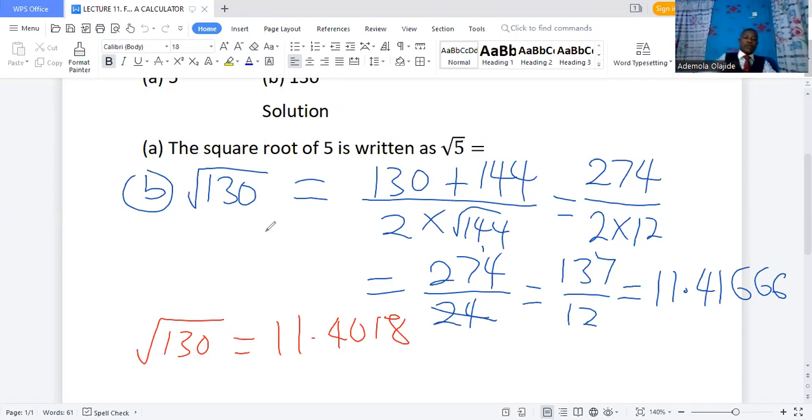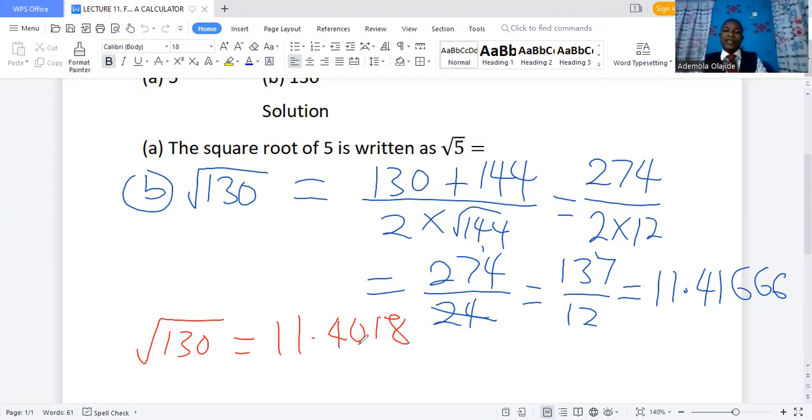So if you look at the two numbers, you see that we have 11, we have 0.4. If you check the difference between the two of them, 11.41666 minus 11.4018, you can see the difference is 0.01, which is almost 1/100 error.